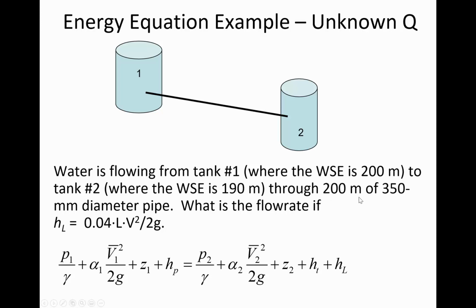We know the length of the pipe, its diameter, and the reason why both of those are given is that water is going to flow at a faster rate if you have a larger pipe diameter. And so the amount of resistance that the flow experiences is partly dependent on the flow velocity and the flow length.